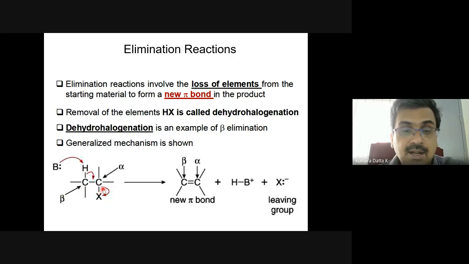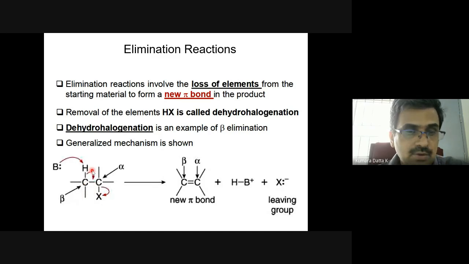The one carbon which is directly attached to the halogen is called the alpha carbon, and the next carbon to it is called the beta carbon. This nomenclature, I'm pretty sure you must be aware. Even if you are not aware, remember the carbon directly attached to the halogen is the alpha carbon, and the next carbon after it is the beta carbon.